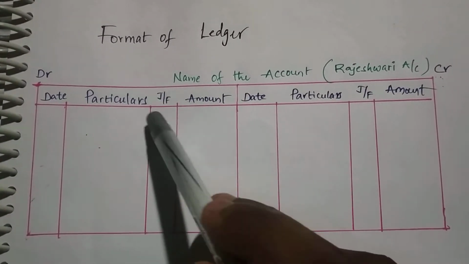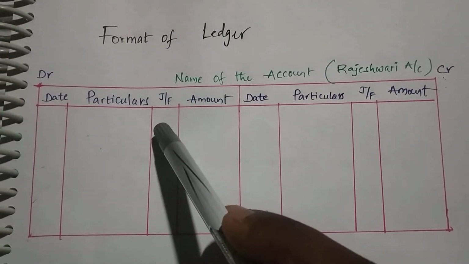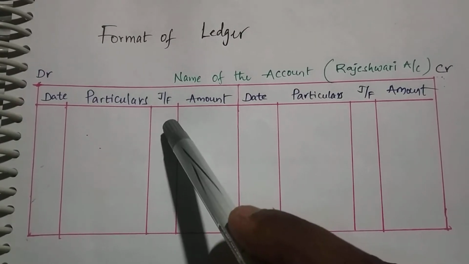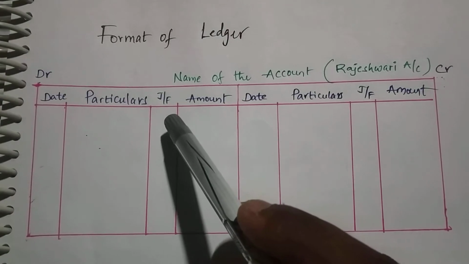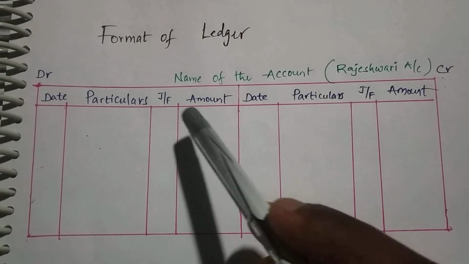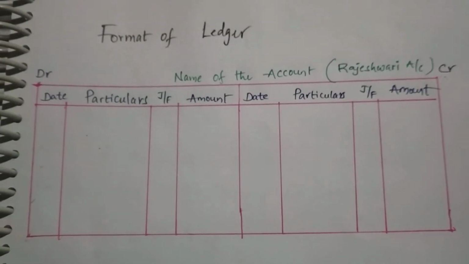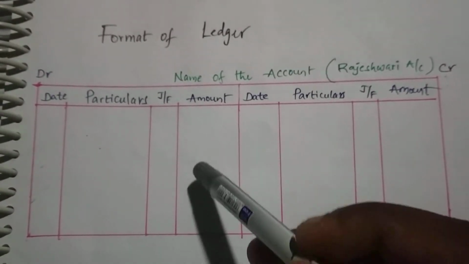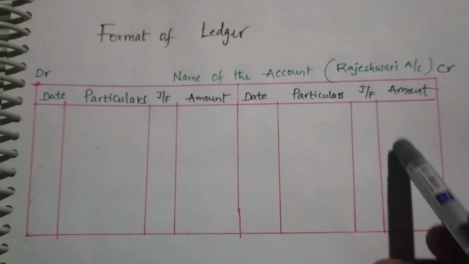Then the amount pertaining to this account is entered in the amount column. I hope you are very clear.